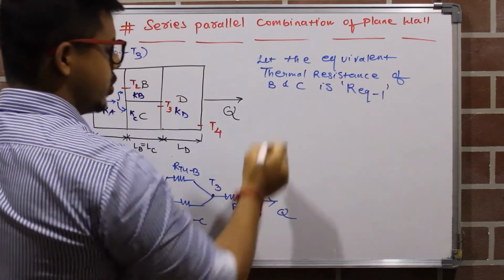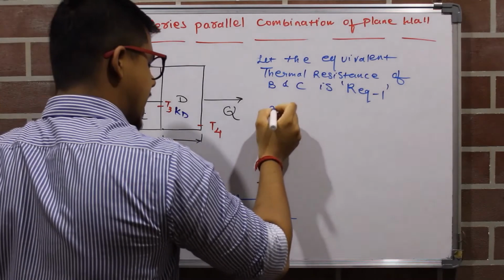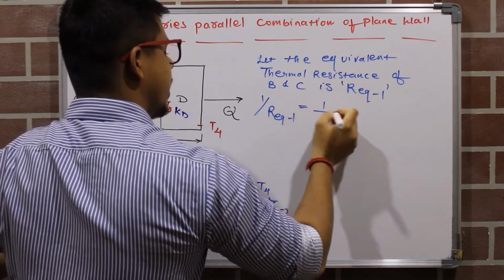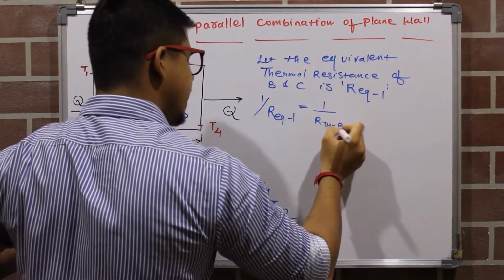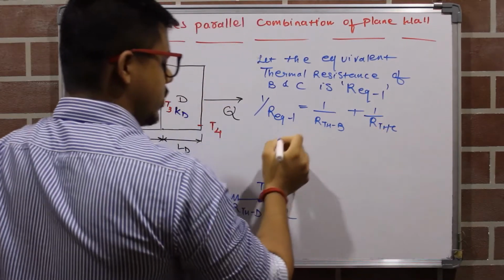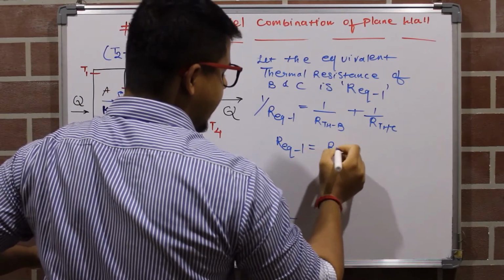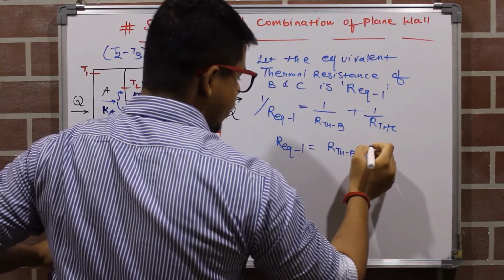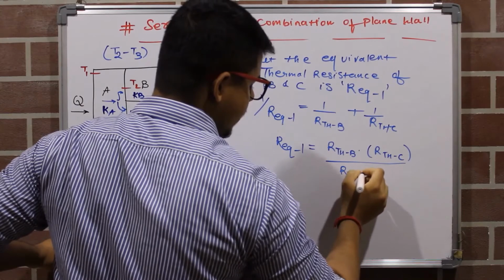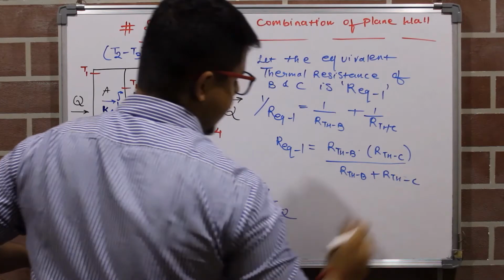Okay, so as walls B and C are in parallel, we will use this formula: 1 upon R equivalent 1 is equal to 1 upon RTH B plus 1 upon RTH C. So we can write R equivalent 1 equals RTH B into RTH C upon RTH B plus RTH C. I hope you got this step.